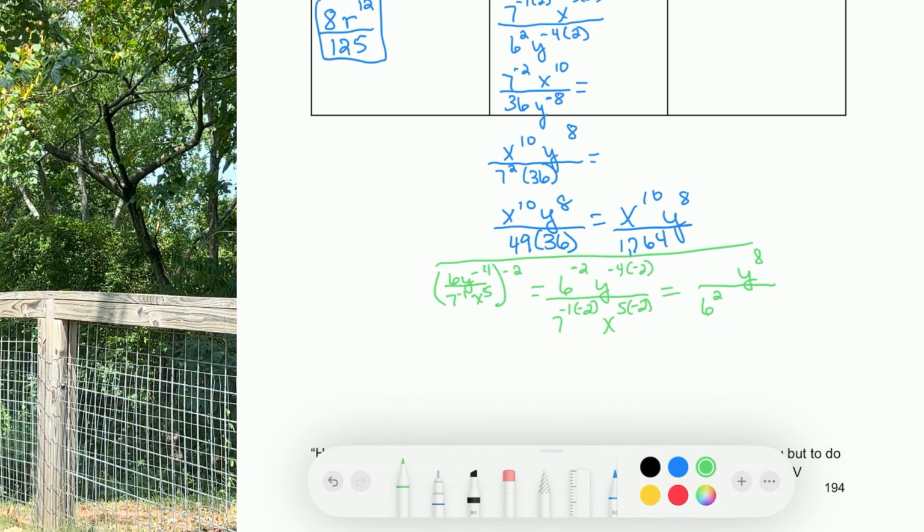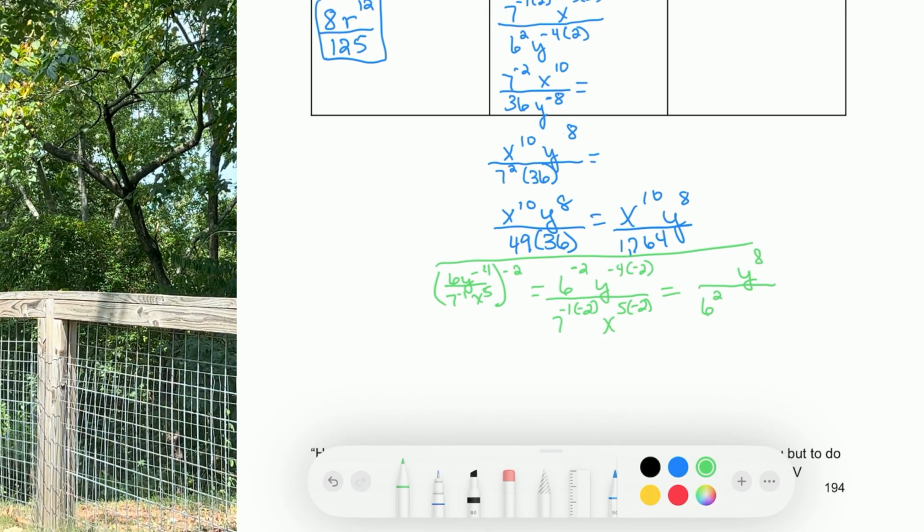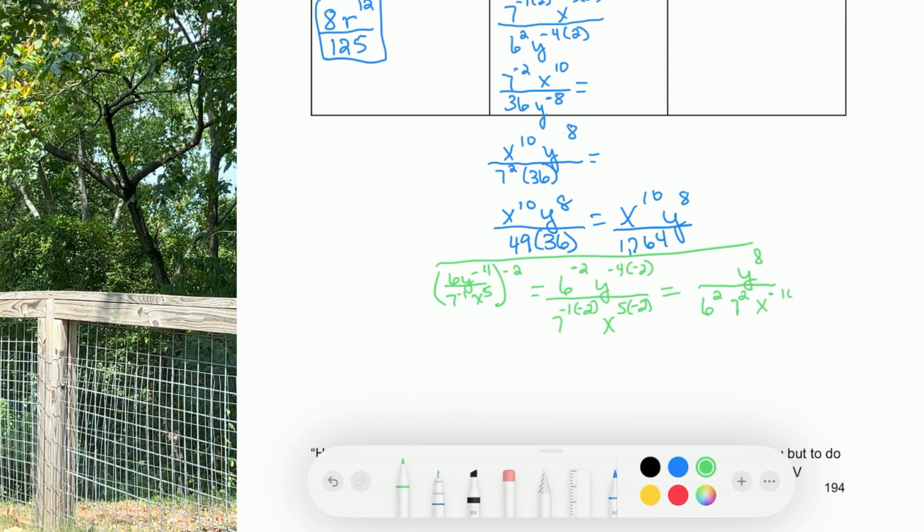My 7 that's down here, I have a negative 1 times a negative 2. So that becomes a 7 to the positive 2. My x has a 5 times a negative 2. That becomes x to the negative 10. So that needs to move up.